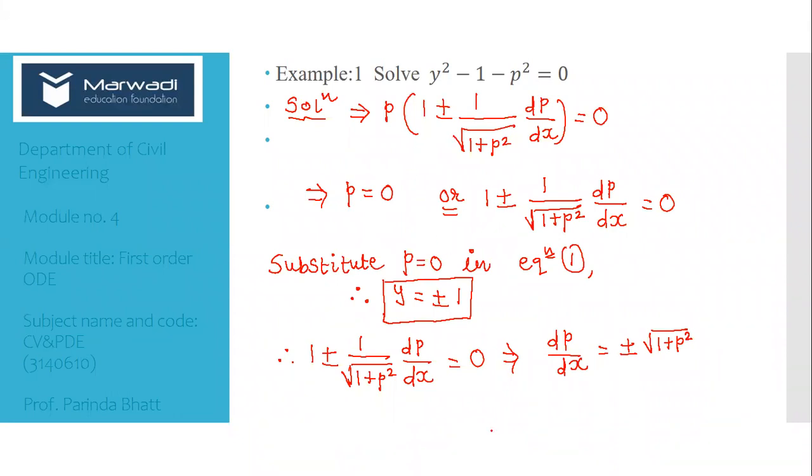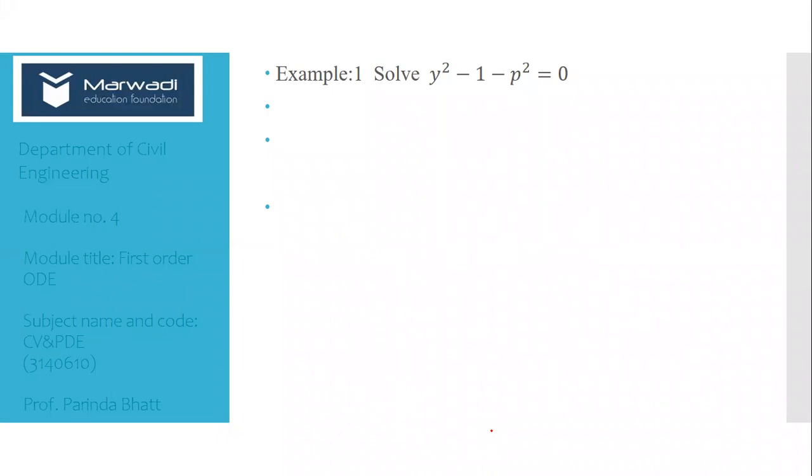Now, in the next slide, we solve this equation, right? dp by dx equal to plus or minus root of 1 plus p square.